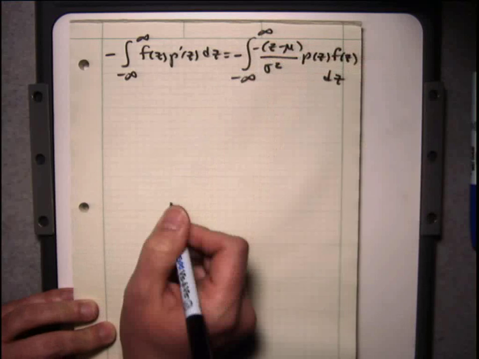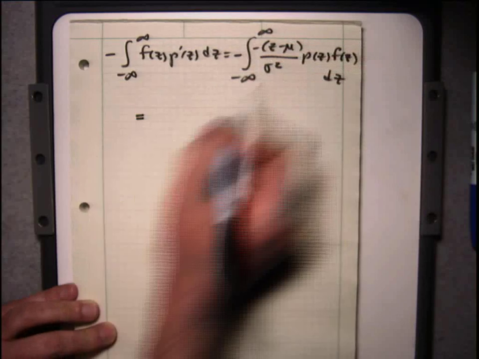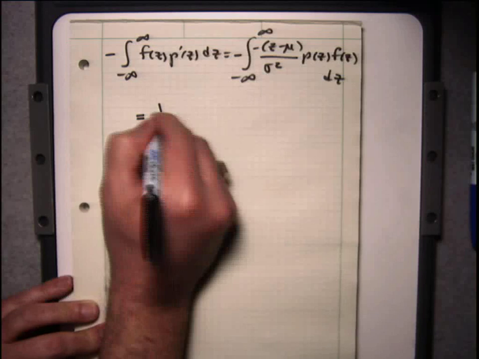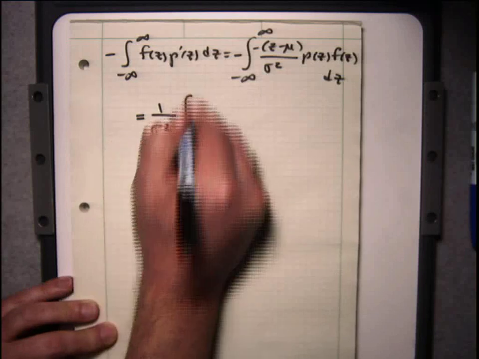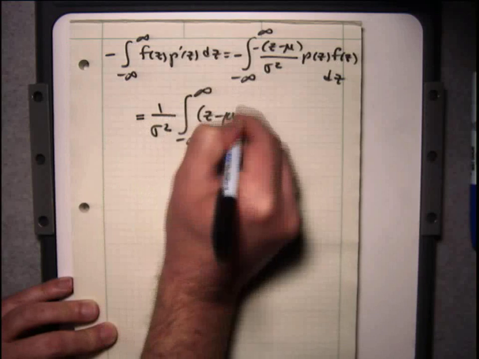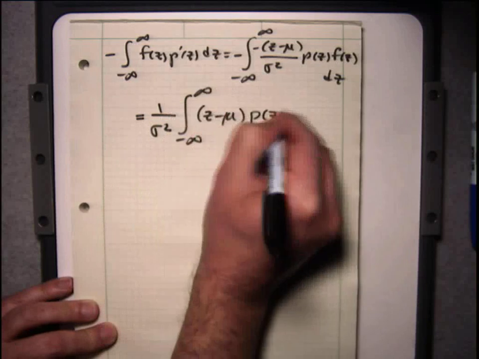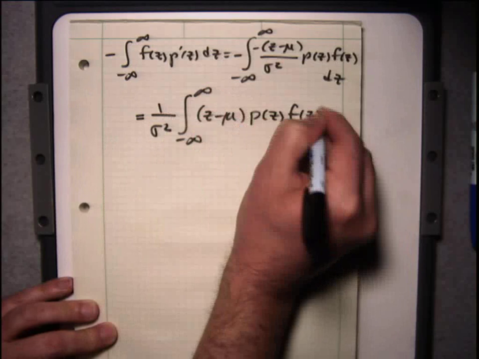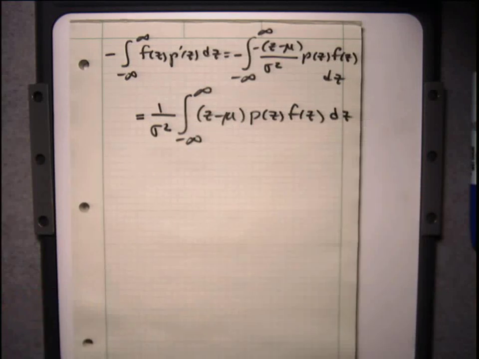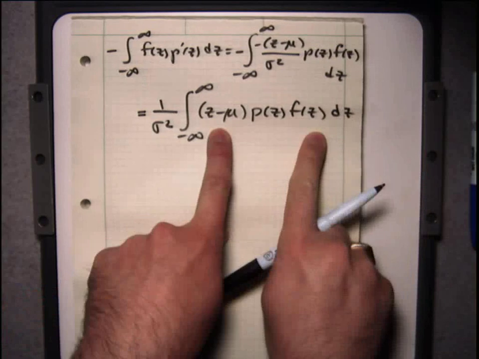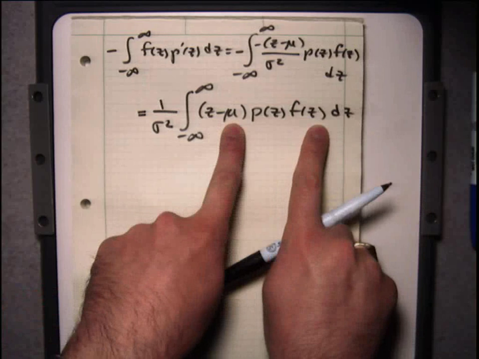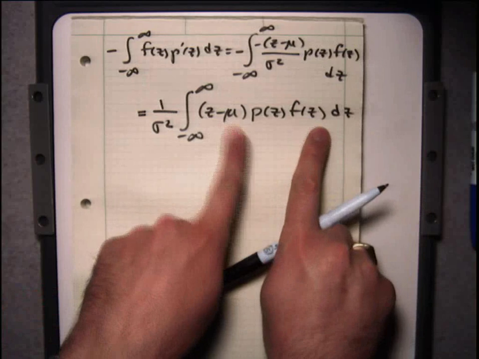We can pull the sigma squared out, so 1 over sigma squared times the integral from minus infinity to infinity of z minus mu, p of z, f of z dz. This is nothing but the expected value of z minus mu times f of z. So we're done.